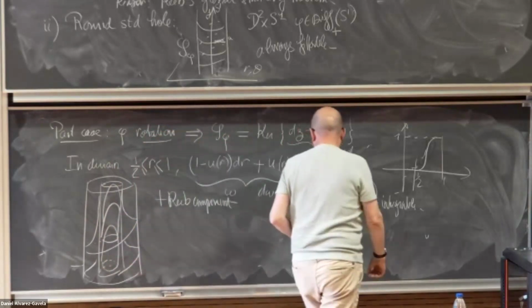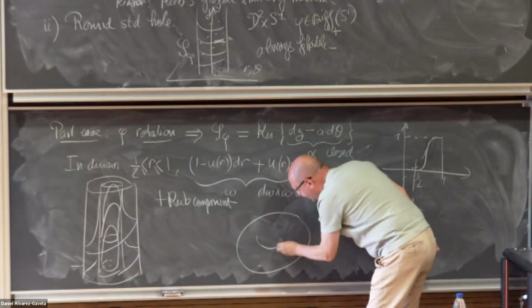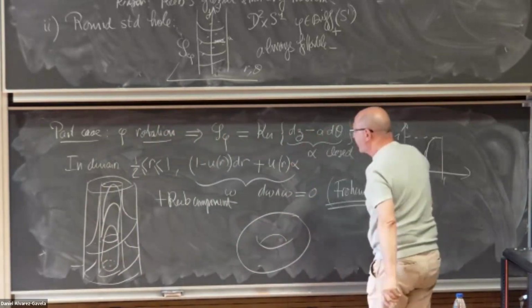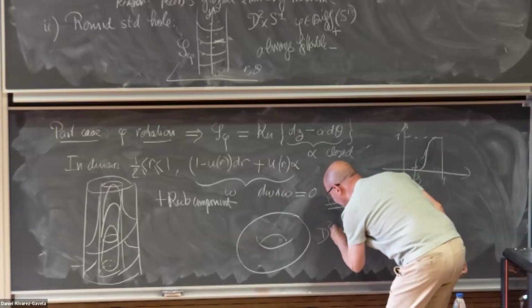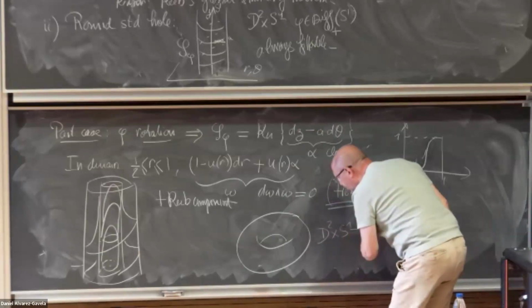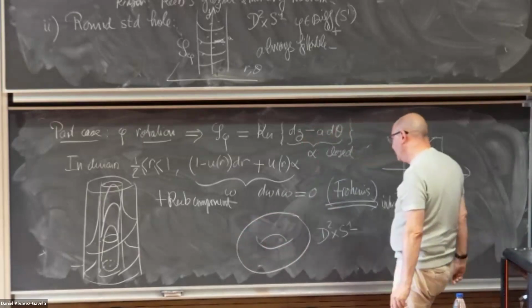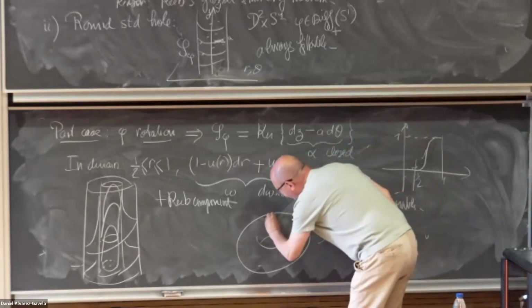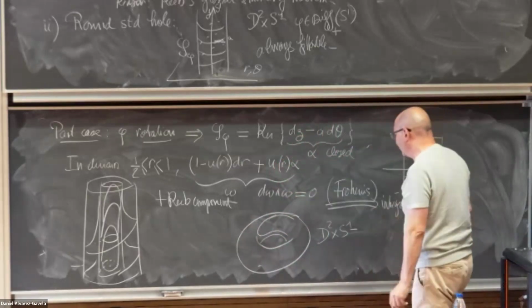The Reeb component is a simple object which is extremely important in all the constructions of foliations. It's on D2 cross S1, a foliation which is tangential to the boundary. The two-torus is a leaf, and the interior leaves are homeomorphic to the plane.